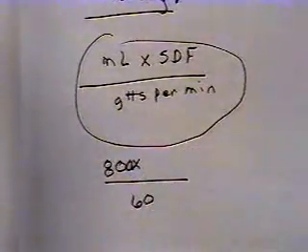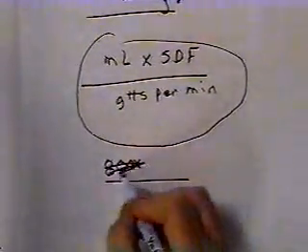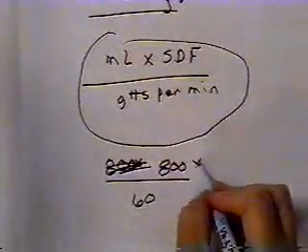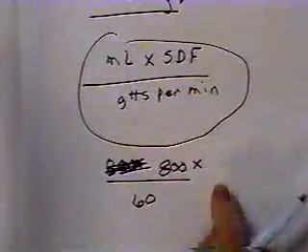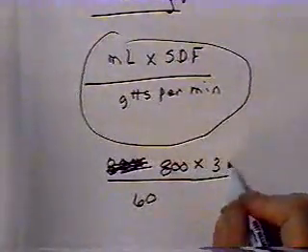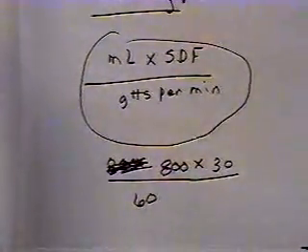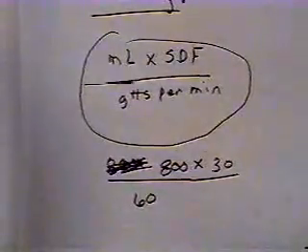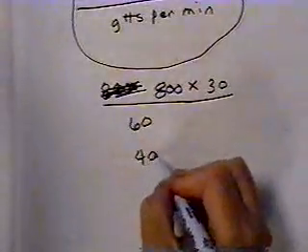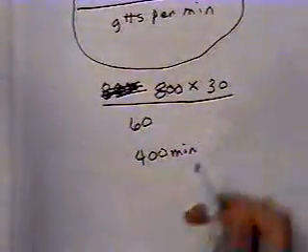That's 800, the milliliters times the drop factor. And what is the drop factor? 30. So when I take 800 times 30 divided by 60, this answer is in minutes.